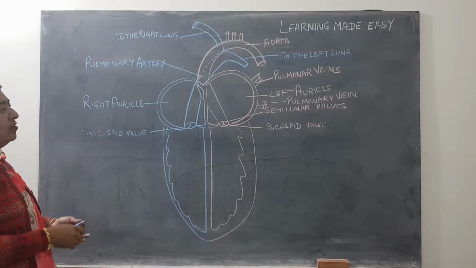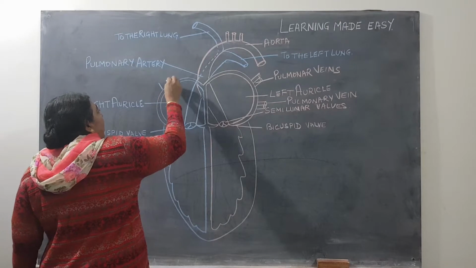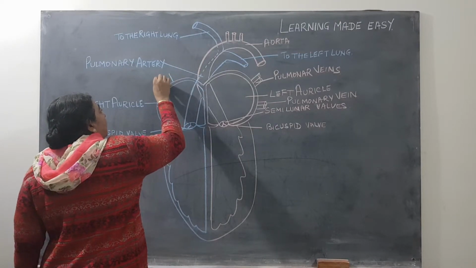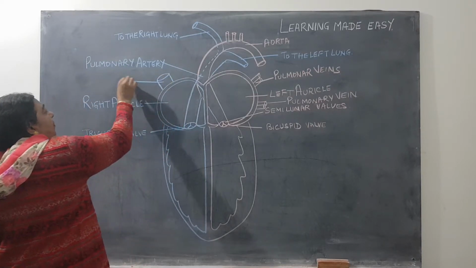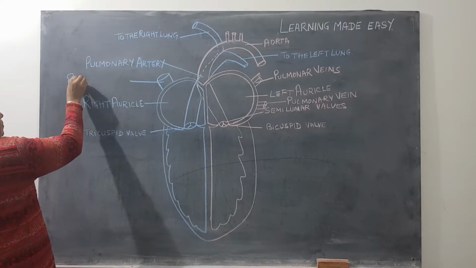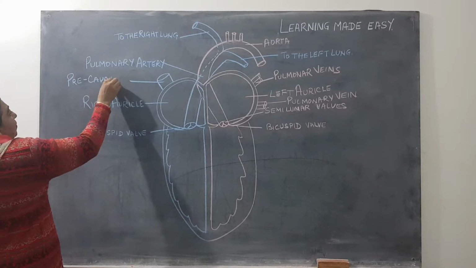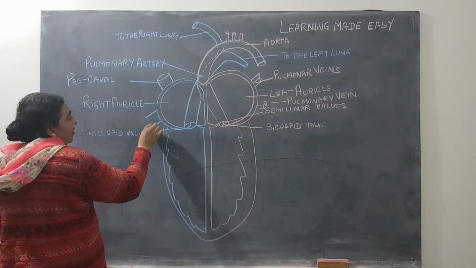Similarly, the right auricle receives two big vessels. One is called as precaval and the other is called as postcaval.